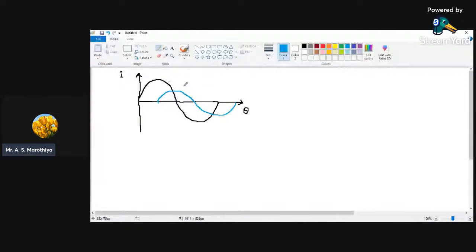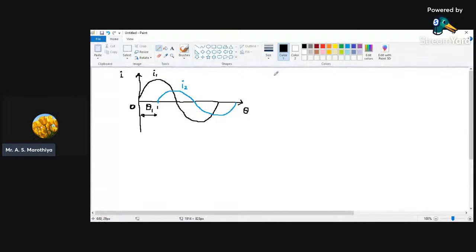Suppose this is I2 and this is I1, and they are going to have a phase difference with respect to each other, say theta 1. And suppose you are interested to find out what is the relation of this theta with respect to time t. From this picture it is very clear that at theta equals 0 we have only one quantity, and the quantity is I1.